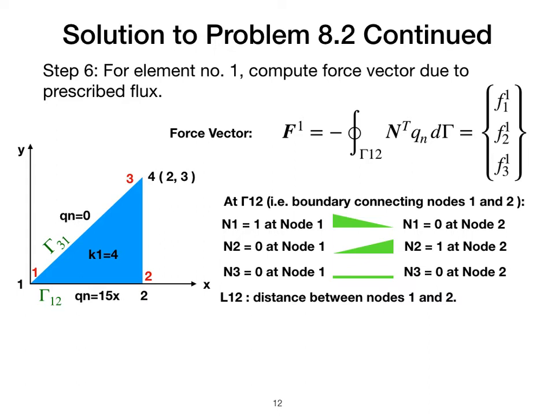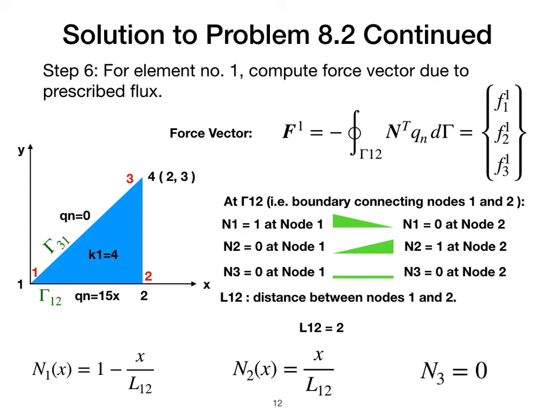Okay, let's say L12 is the distance between nodes 1 and 2, and the value is given in the problem. L12 is equal to 2. Then at gamma 1 2, N1 can be given in terms of x, and the expression will be N1 equal to 1 minus x over L12. Similarly, N2 will be equal to x over L12, and N3 will be 0 at gamma 1 2.